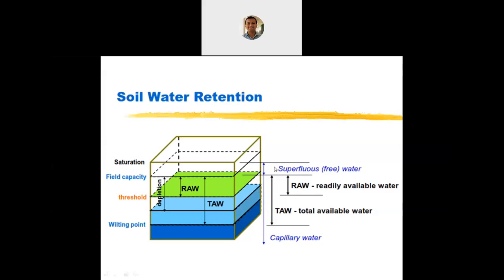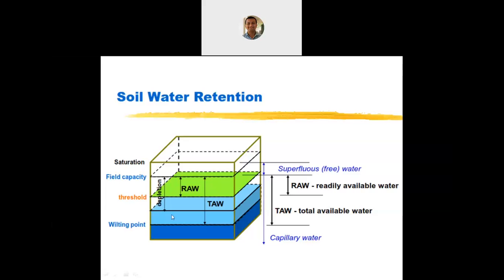And this total range of water present between field capacity up to the hygroscopic point is known as capillary water. So this portion of readily available water, the middle point between field capacity and wilting point, this range is known as readily available water.